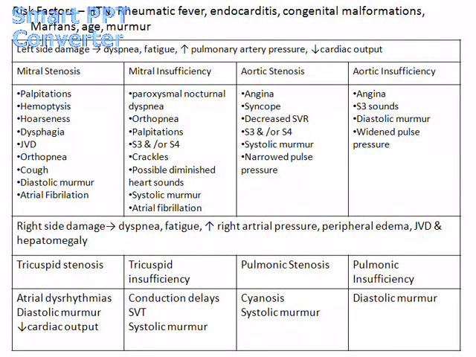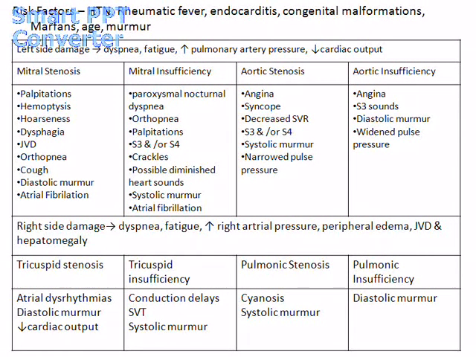If they have mitral valve insufficiency, we'll see paroxysmal nocturnal dyspnea, so they sit up at night because they can't breathe, orthopnea, palpitations. There might be an S3 or an S4 heart sounds, crackles in the lungs, possible diminished lung sounds, systolic murmur, and quite probably atrial fibrillation.